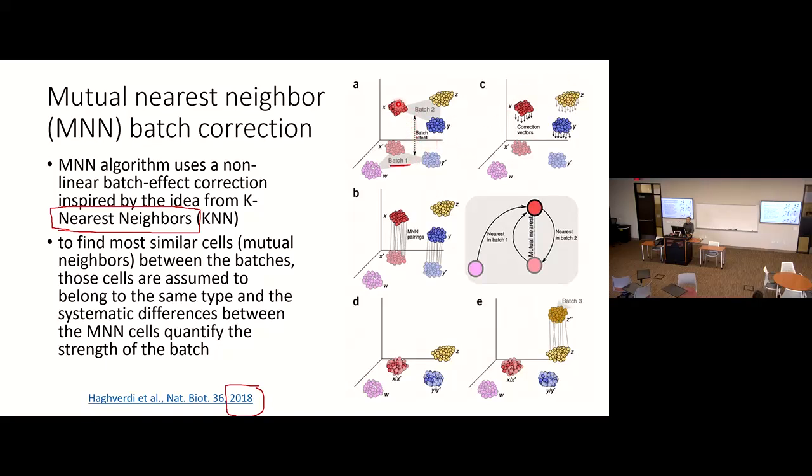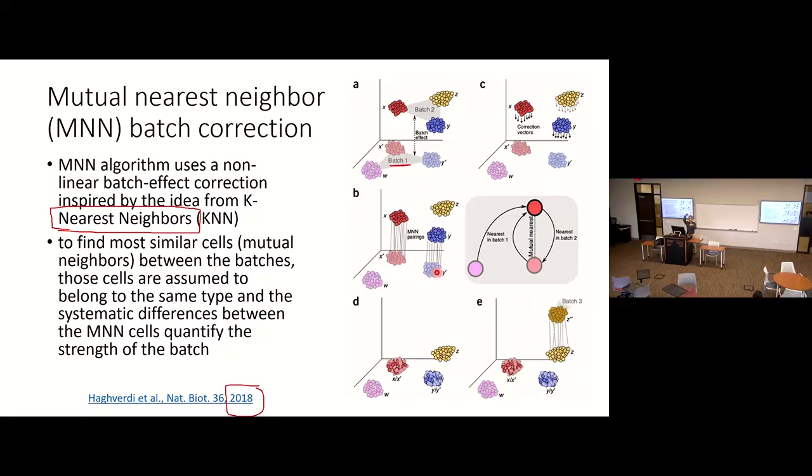Now you look at each individual cell from here to find its nearest neighbor in the different batch of cells. So you make a correction, and if you find that the nearest neighbors of those populations are matched here, and this Y matched here, it also has to work vice versa.